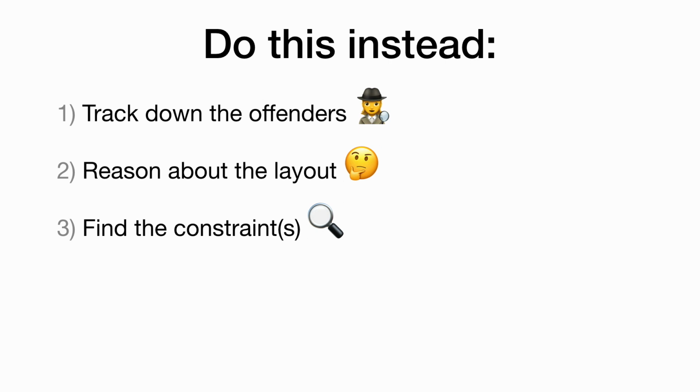So unfortunately, step 3 is still the same. You need to find that constraint or constraints, and you've got to track it down. But there are a couple of tools that can help for this that I personally like to use. The first is a preview mode that I'll show you later, but when you're right in Interface Builder, you can open that up and then set up as many devices as you want and look at them side by side.